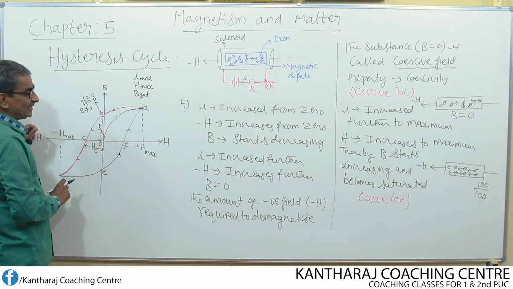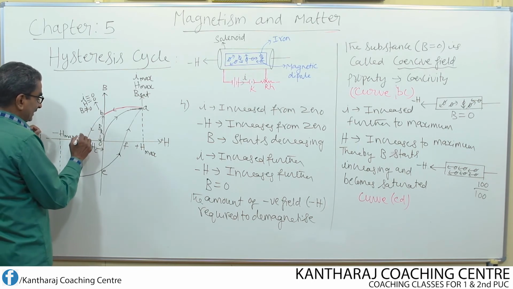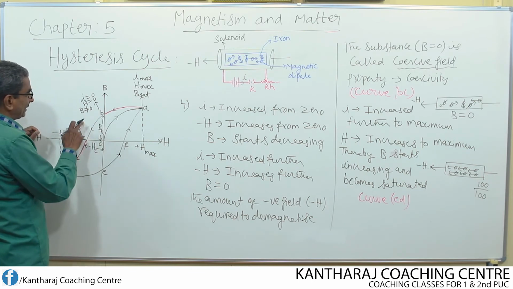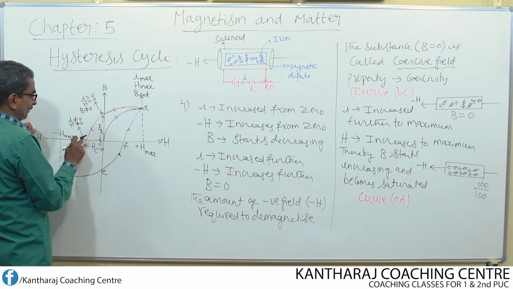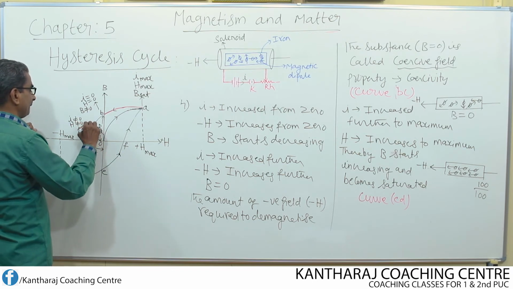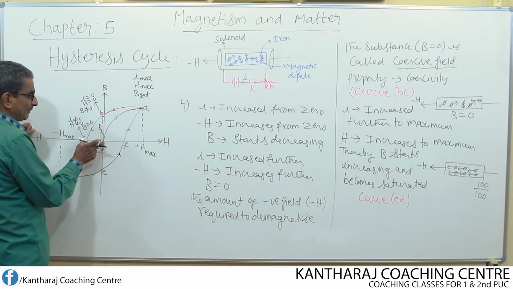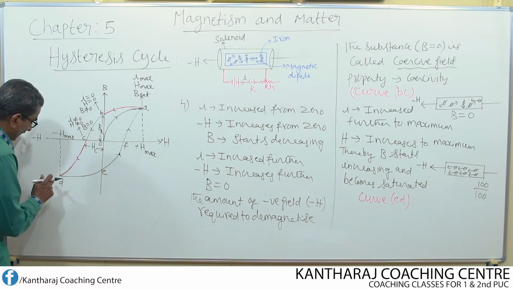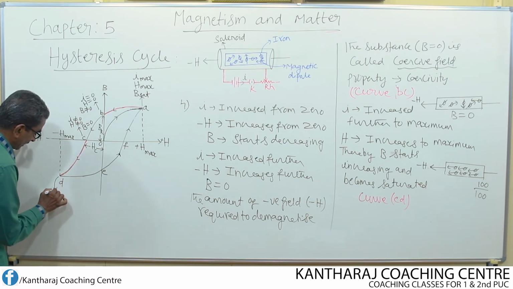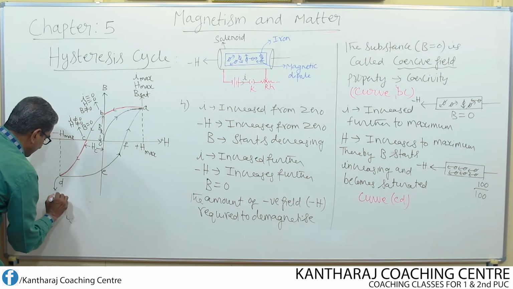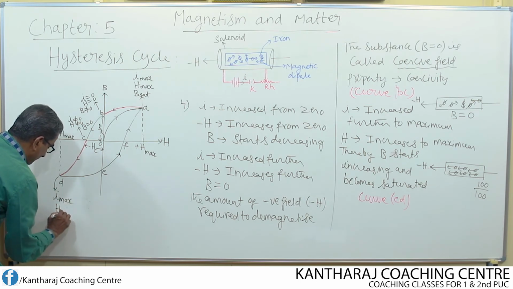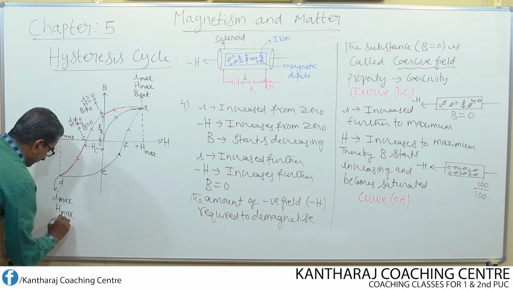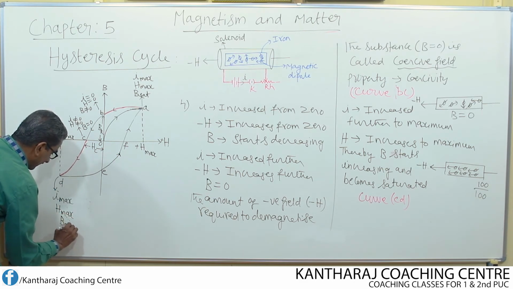That means it got saturated. Then at the point C, what happened here? I is not equal to 0, H is also not equal to 0, but at this point certainly B becomes equal to 0 for some amount of negative field. Whereas at this point, what happens now at the point D? I is maximum, H is also maximum, but B got saturated.